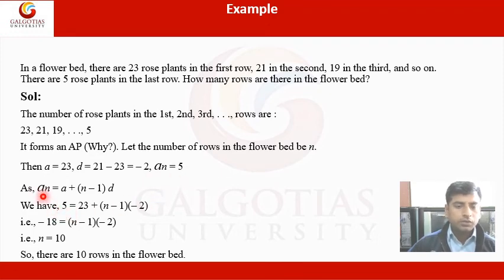So we have the formula for the nth term: an equals a plus n minus 1 into d. So an is 5, that means the last term is 5. So 5 equals 23 plus n minus 1 into minus 2. On solving we get minus 18 equals n minus 1 into minus 2. On solving this we get n equal to 10. So there are 10 rows in the flower bed.